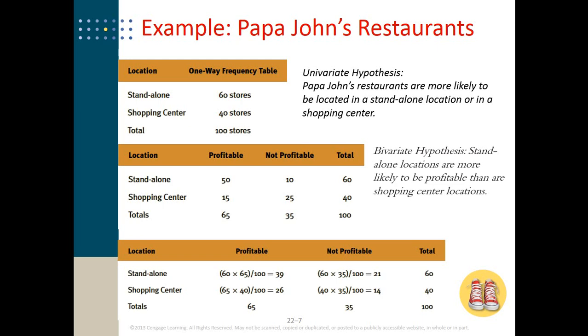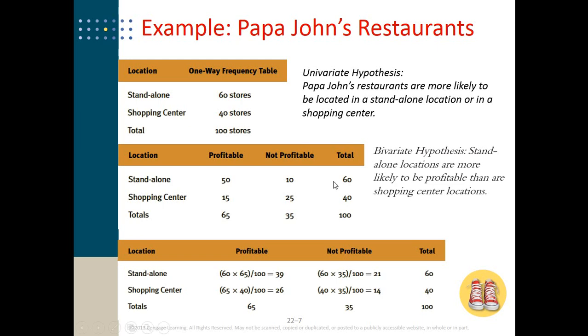If we had profits in absolute dollars, then it would have been a ratio variable. But here we do not have profit for these stores in absolute dollars. Rather, we are simply categorizing them as either profitable or not profitable. So the two variables, location and profitability, are both nominal variables.